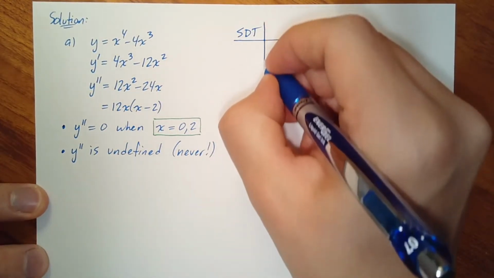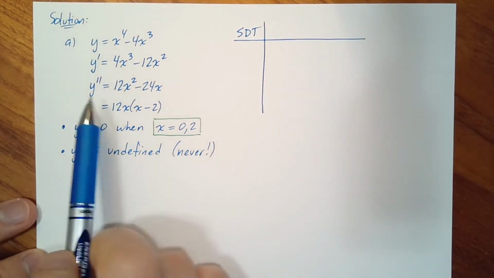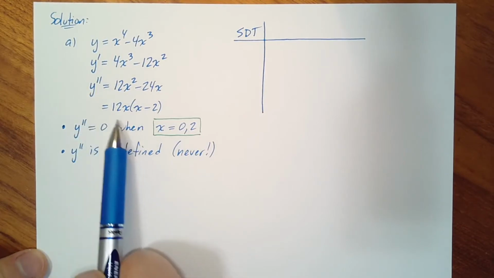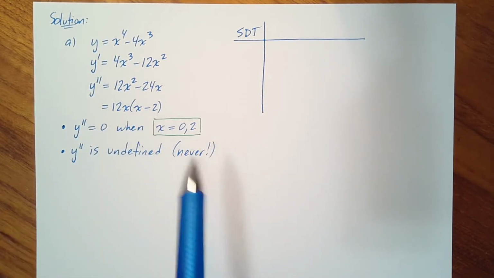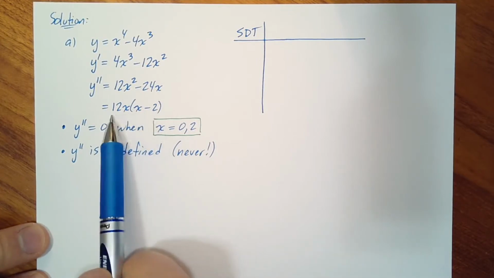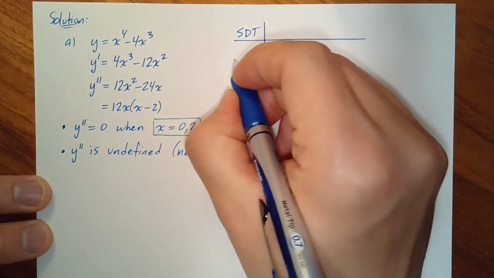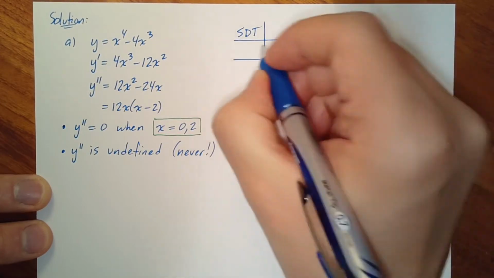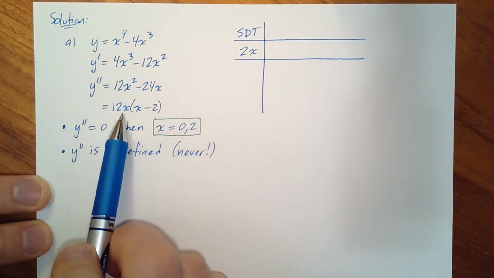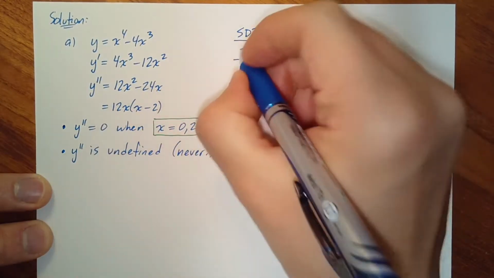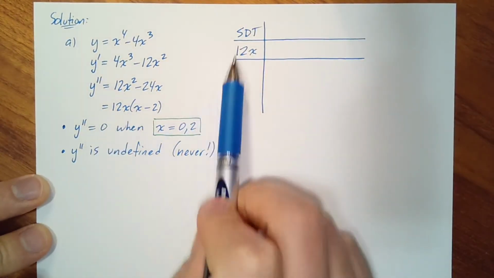So we'll set it up as follows. Because our second derivative was factored in this way, we can go back to our strategy of listing each of these factors, giving them each their own row. So let's say that this one can be the 12x.